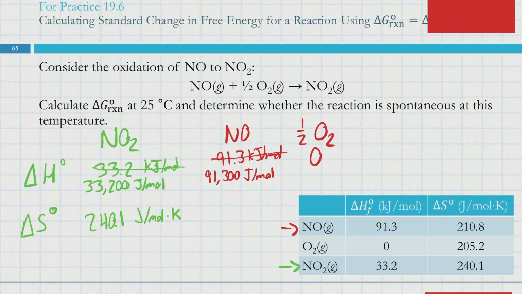And then we have our delta S values. For NO, it's 210.8 joules per mole Kelvin, and for O2, 205.2 joules per mole Kelvin, and that gets a coefficient of 1/2 in front of it.